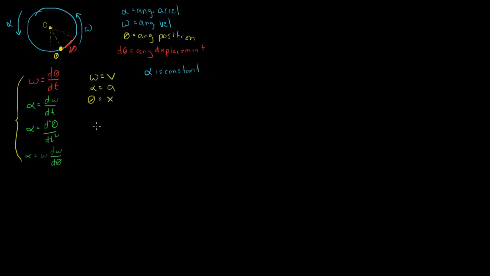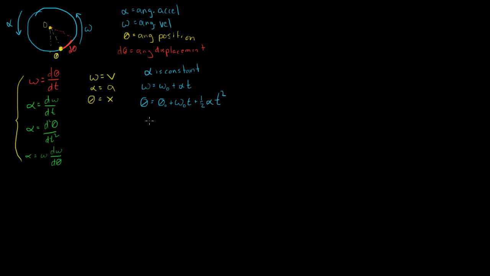Then we get the equations: the final angular velocity is equal to an initial angular velocity plus the angular acceleration times time. The final angular position is equal to an initial angular position plus the initial angular velocity times time plus 1/2 times the angular acceleration times time squared.